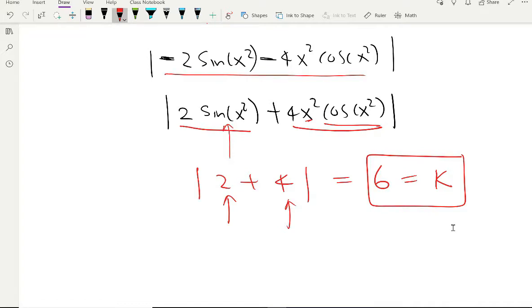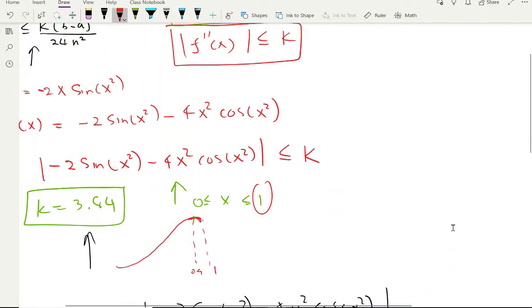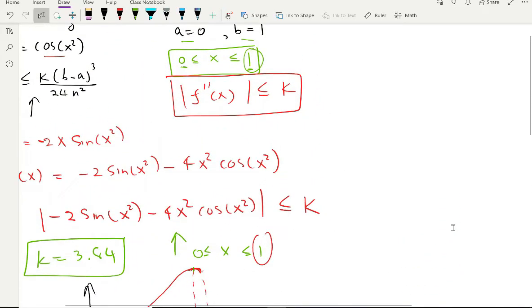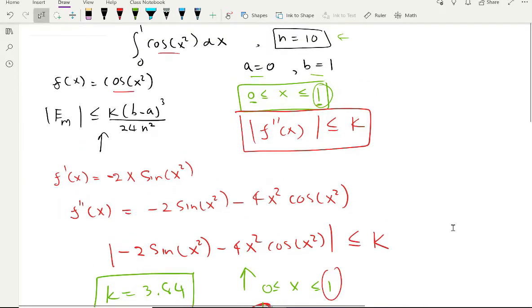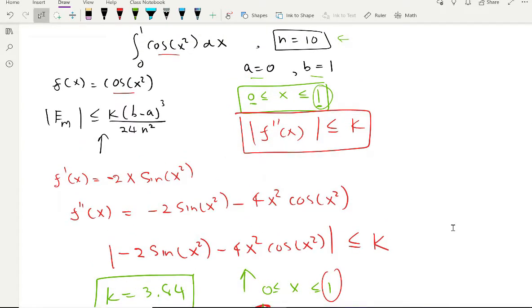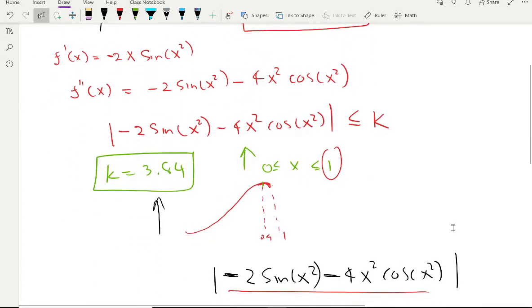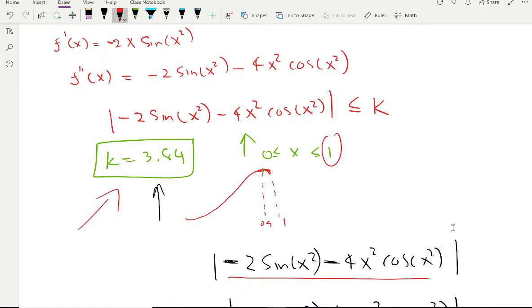So that's how you would do this problem in an exam, for example. But if you are doing this as a homework problem, then definitely you should try to find this 3.84 value by graphing it or by using a calculator. Two different K values, but both of them serve our purpose depending on the situation.